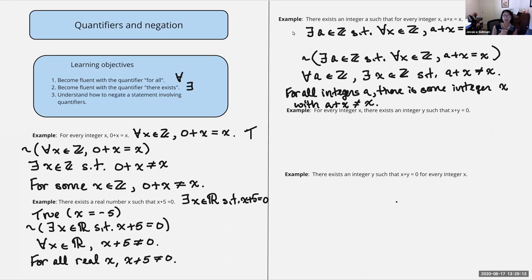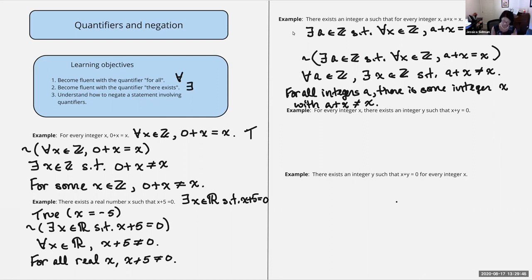All right. Let's look at the next example. For every integer x, there exists an integer y such that x plus y is 0. So this one reminds me of our second example, where we looked at the equation x plus 5 is 0 and wondered if there exists a solution. Here we're looking at the equation x plus y equals 0 and wondering if there's a solution for x.